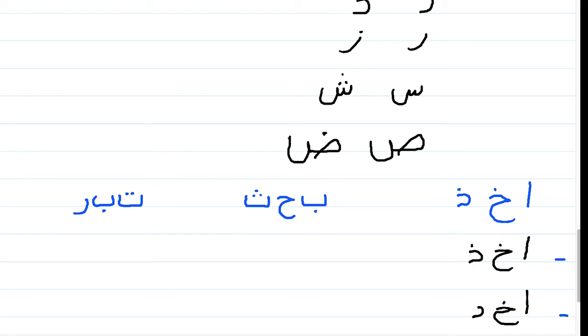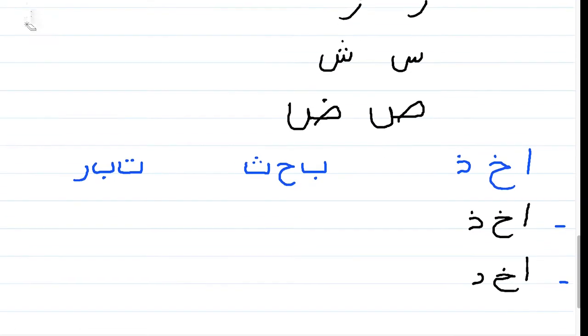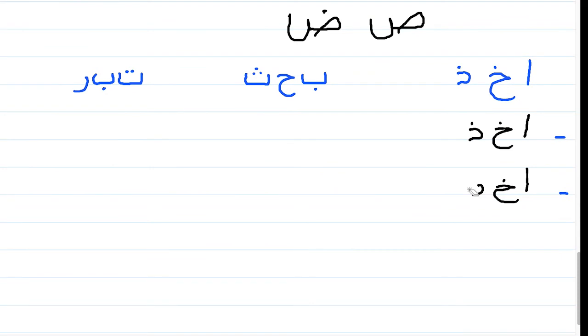I'm struggling with this electronic pen, so I have to rub it first and then rewrite it again. Alif. So this one has to reach the line. Kha, Dal. So that's your task. This one is your task. I'm just going to continue doing the blue color, and that's what I expect you to do.